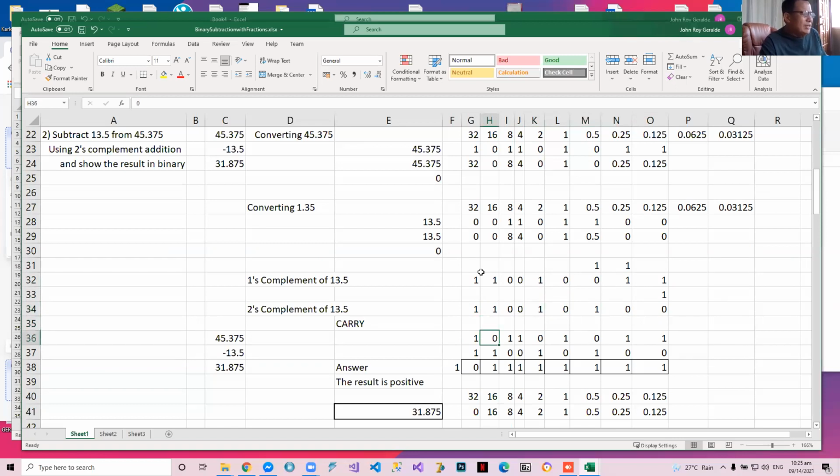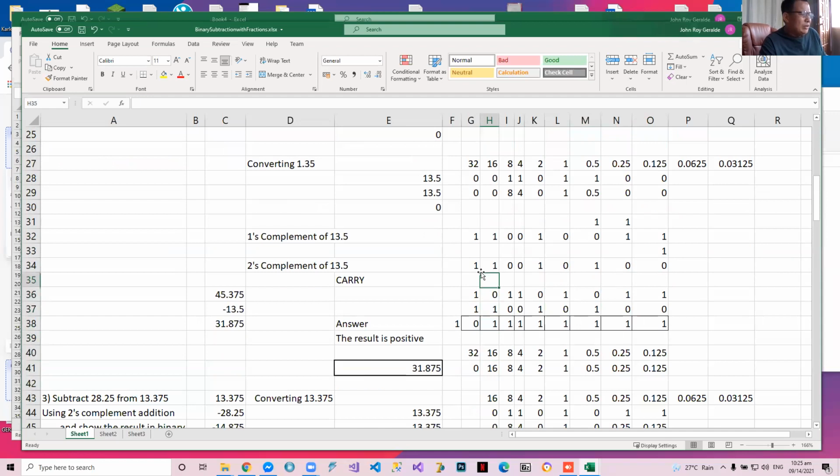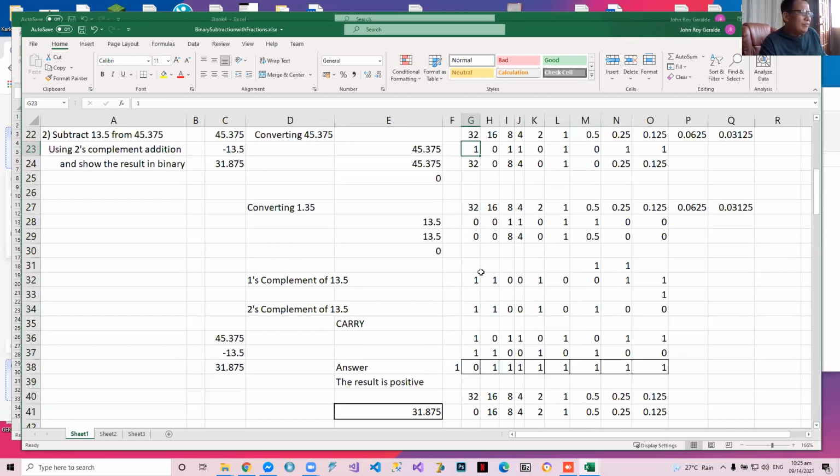Okay, we just add them together. 45.375. We just copy this from here, no? 45.375. And the negative 13.5, which is the 2's complement. So we just do add. 1 plus 0 is 1. 1 plus 0 is 1. 0 plus 1 is 1. 1 plus 0 is 1. 0 plus 1 is 1. 1 plus 0 is 1. 1 plus 0 is 1. 0 plus 1 is 1. 1 plus 1 is 0, carry 1.